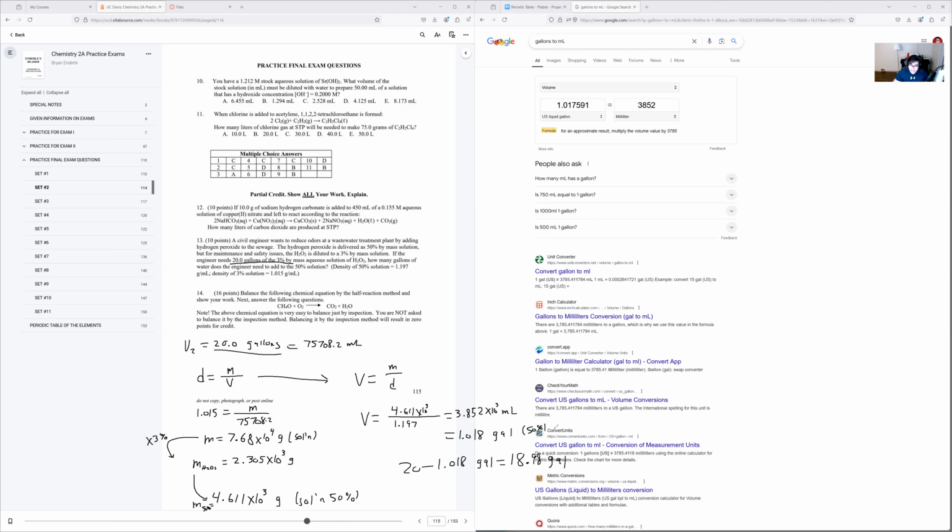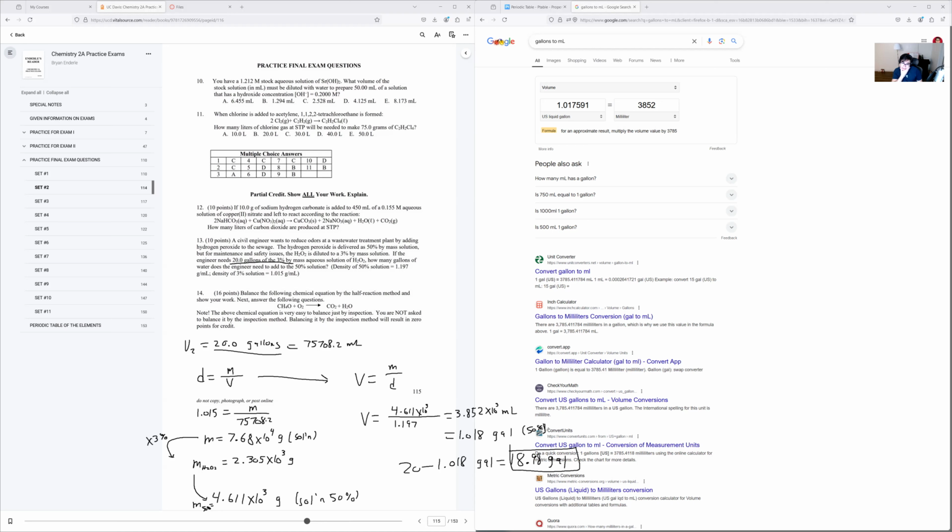Okay. Okay, whatever. I'll trust the calculator. But yeah, that's it. So you're gonna add 18.98 gallons to 1.018 gallons with a 50%. So quite a hard problem, honestly, just because you can't use like M1V1 equals M2V2 outright.